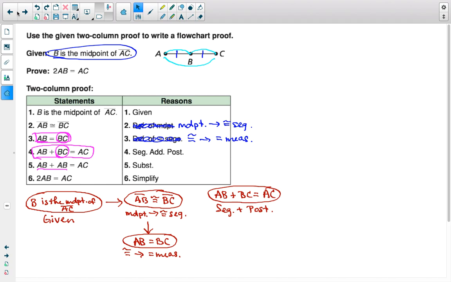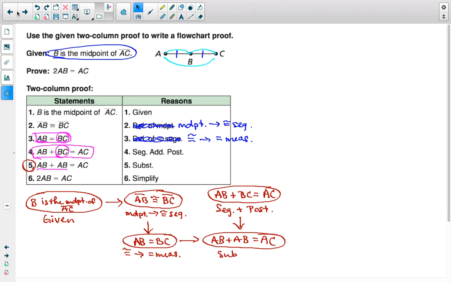But to do step 5 here, I did need this information and this information. So that's why it would have 2 arrows, because I needed both of those pieces of information to use substitution. In fact, that's always going to be true with substitution. I'm going to need two pieces of information: the part that I'm plugging into and the part that I'm using to plug in. So that piece said that AB plus AB is equal to AC.